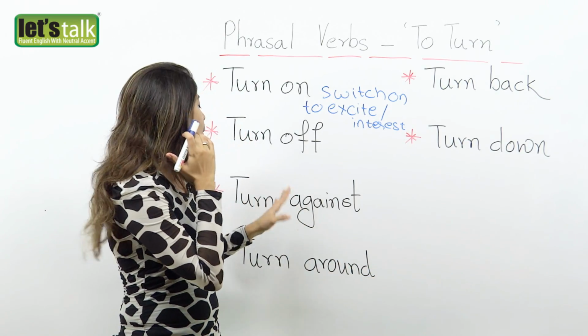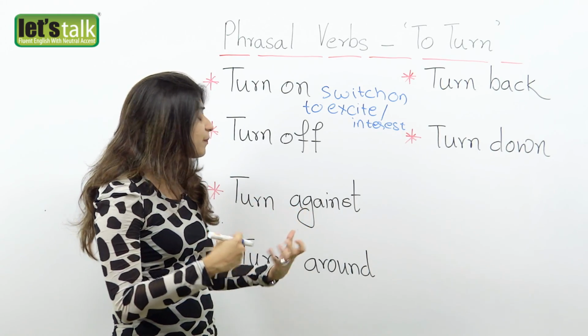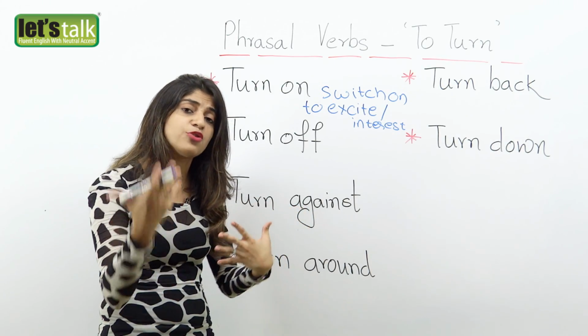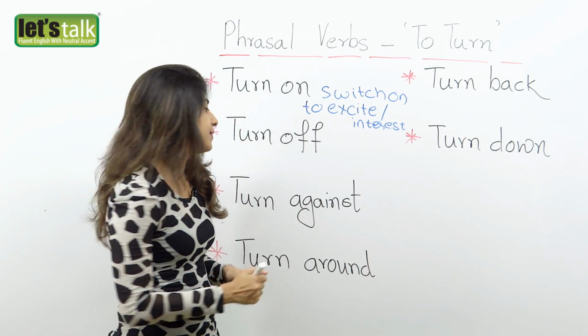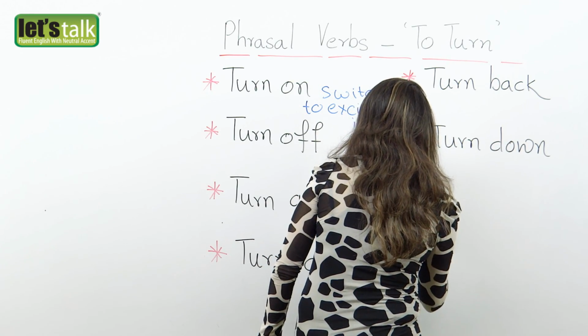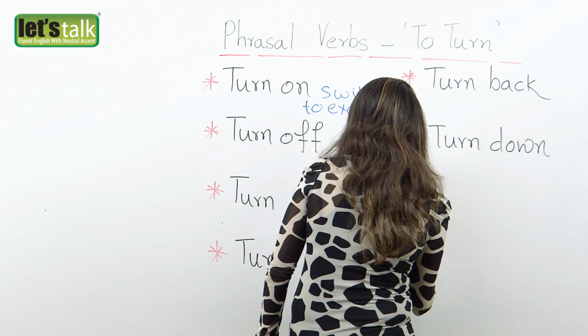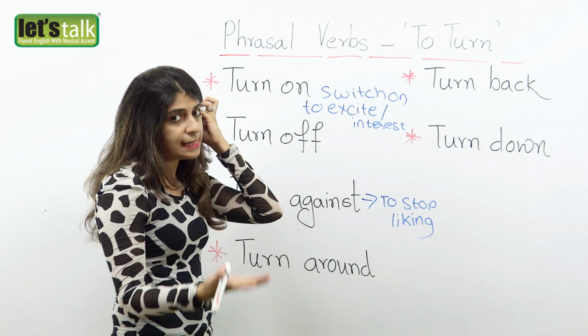Okay? So when you stop liking or you stop supporting or agreeing and you start opposing, it means that you have turned against. So to stop liking someone or something.